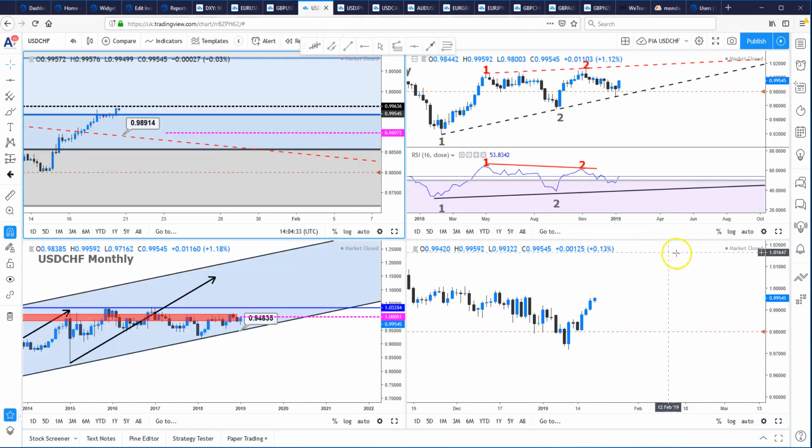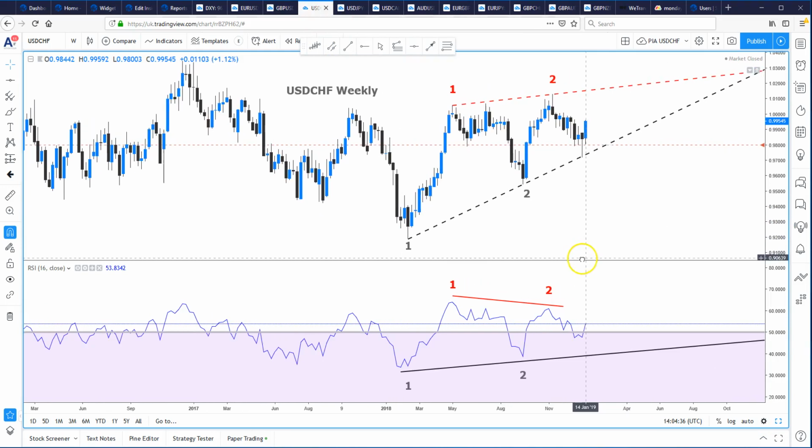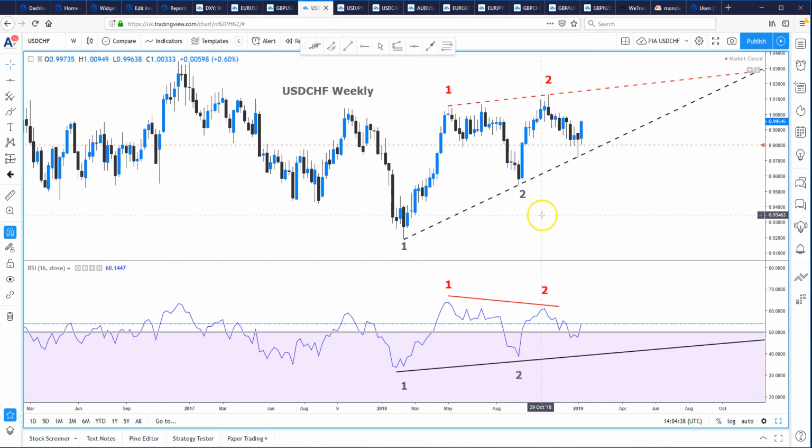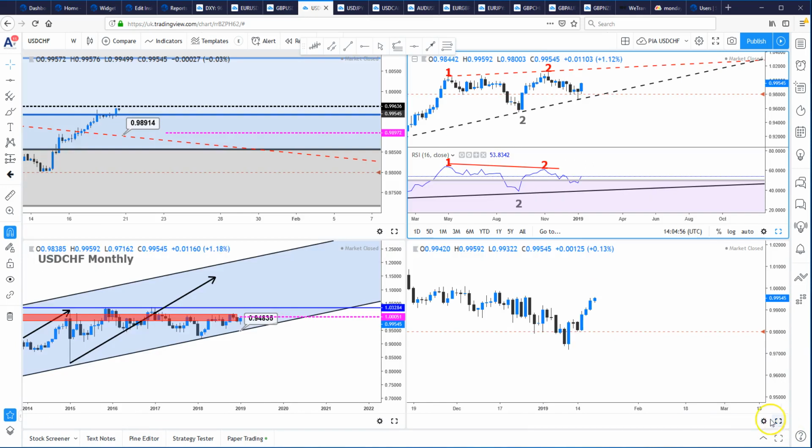Dollar Swiss, and again wedge formation has an eventual bias to break to the downside. However, we posted a hammer. We've had continued upside movement in this currency pair. I'm just highlighting this bearish divergence, which normally indicates that we will have an eventual bias to break to the downside.